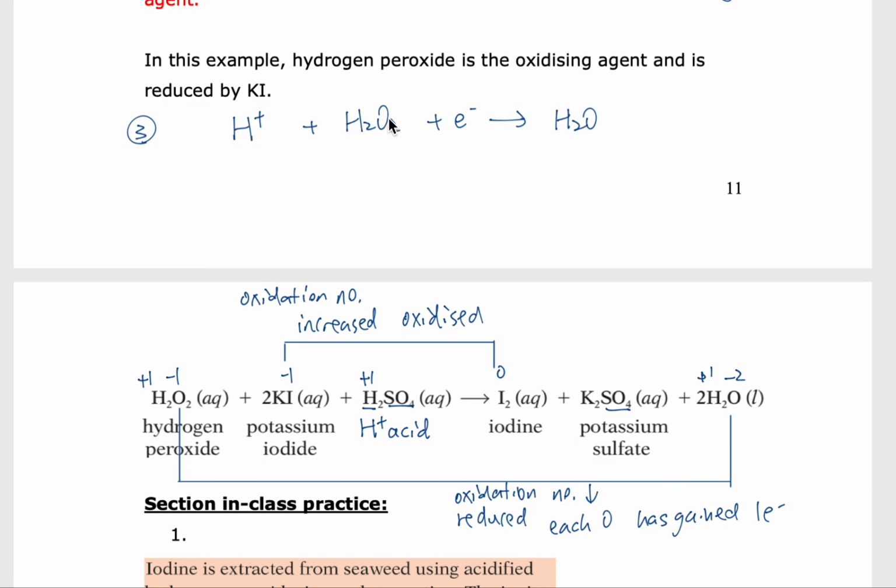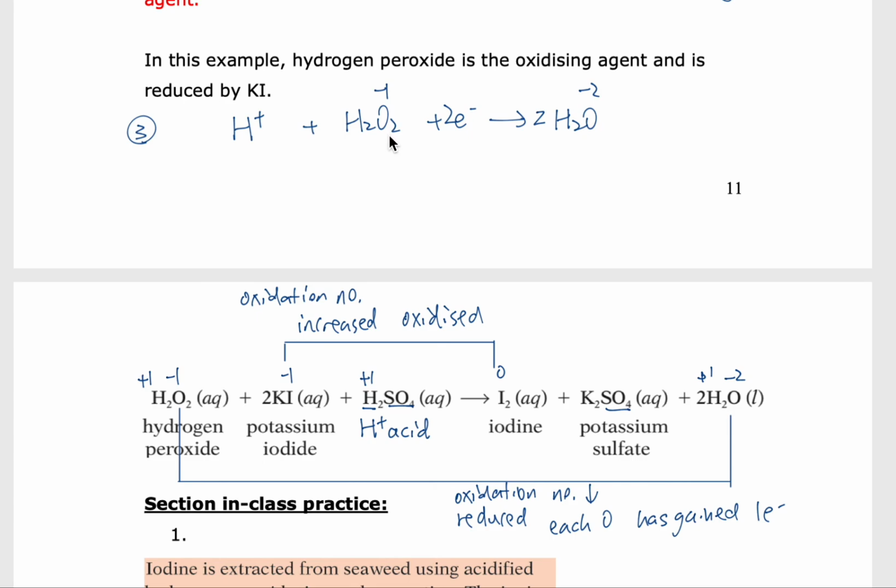On the left-hand side, we have 2 oxygens, but we only have 1 on the right-hand side. You need to put 2 in front of H2O. Don't worry about hydrogen. Later on, we can always balance the hydrogen using the hydrogen ion over here. And by looking at the oxidation state, because each oxygen involves 1 electron transfer, and we have 2 oxygens, so here, 2 electrons are gained, 1 to each oxygen.